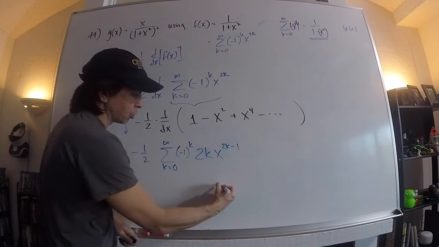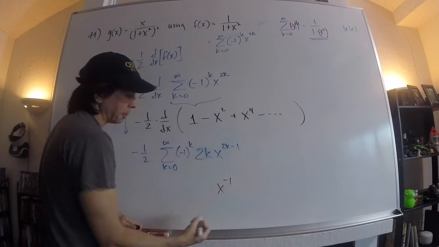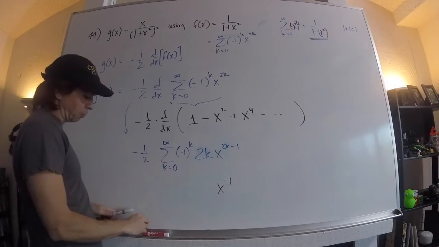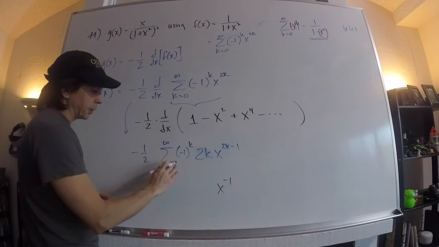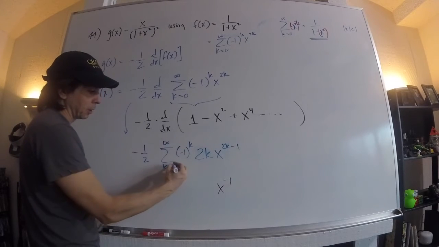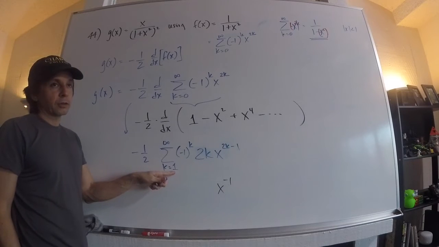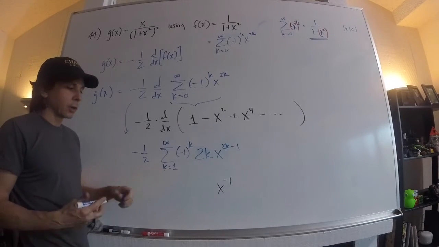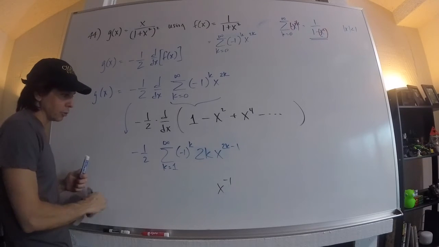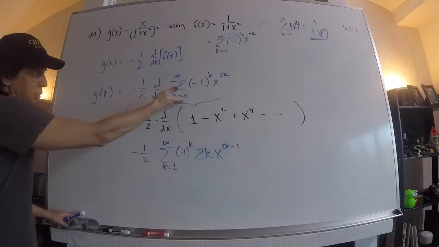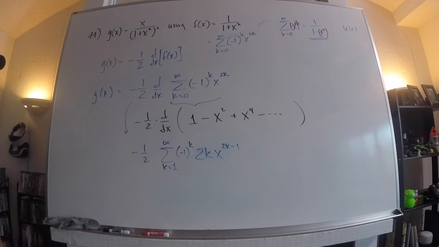But sometimes you have an issue where this would be x to the negative 1 power, and it can create issues where it's not accurate. So generally just know that because the constant term was the 0 power, you just lose it. So they'll change that to 1 in the sense that you just lost the constant term, the k equal to 0 term, because it turned to 0 when you took a derivative. So that's what happens when it goes from k0 to k1 when you do that derivative.